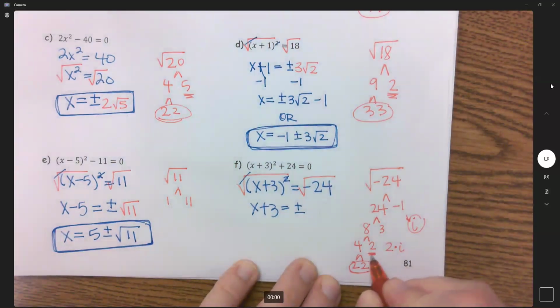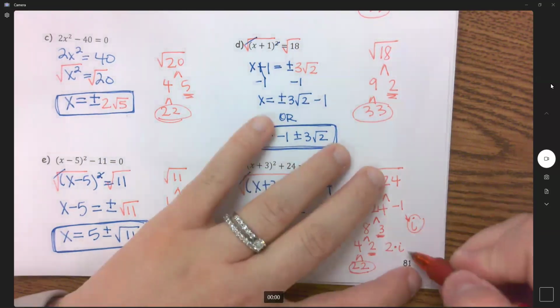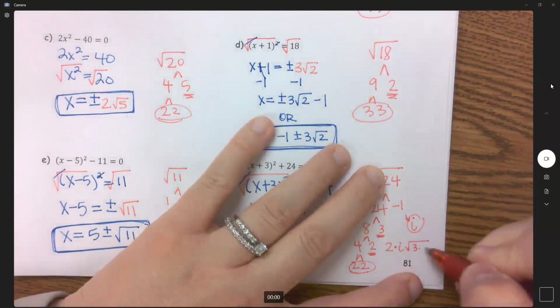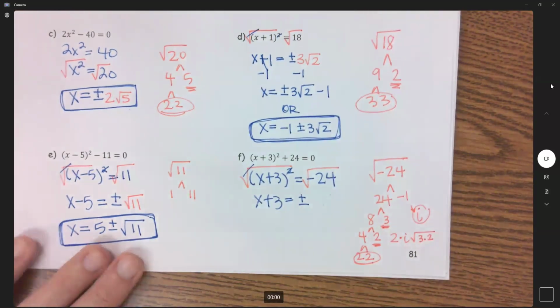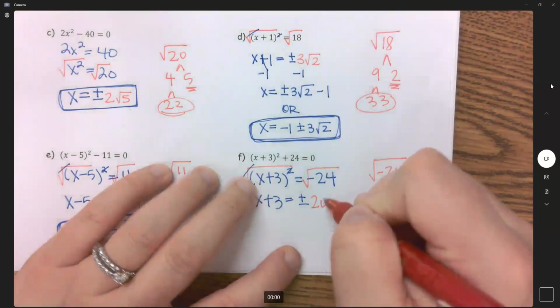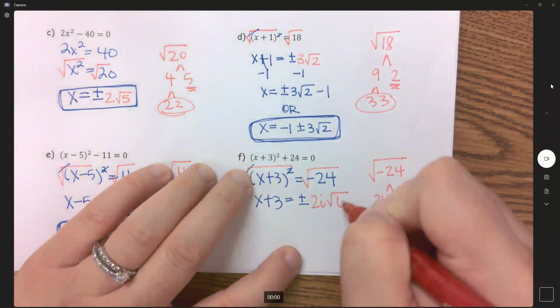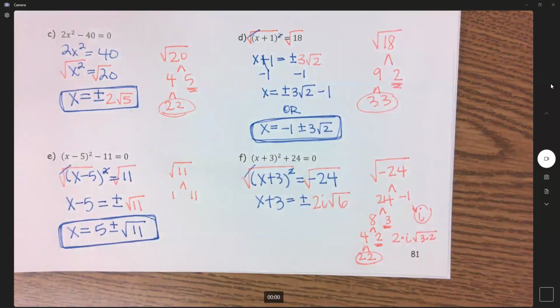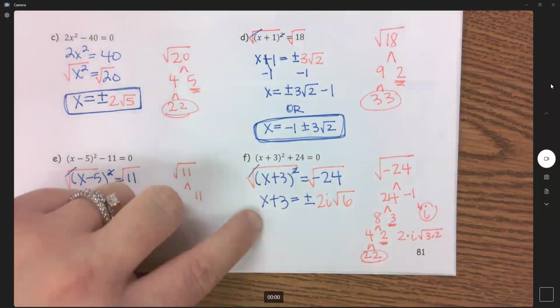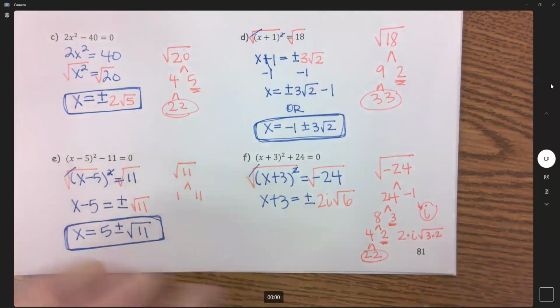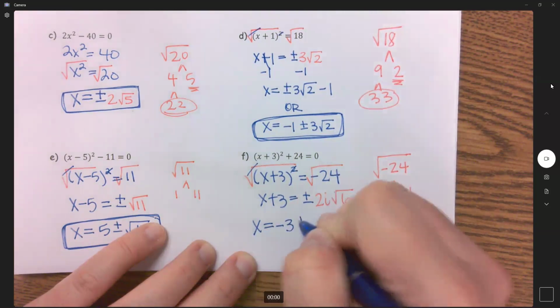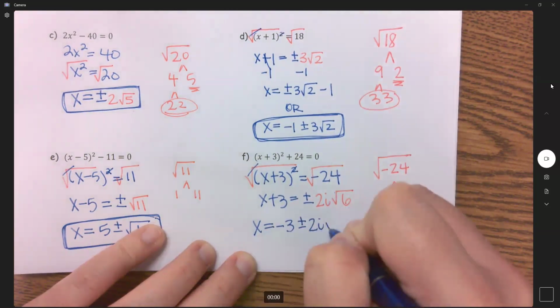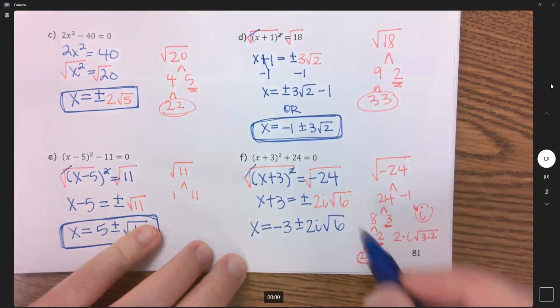And then I have a 3 and a 2 that are going to stay inside, and they're going to get multiplied back together. So this is 2i square root 6. And then lastly, subtract the 3. So x equals negative 3 plus or minus 2i square root 6.